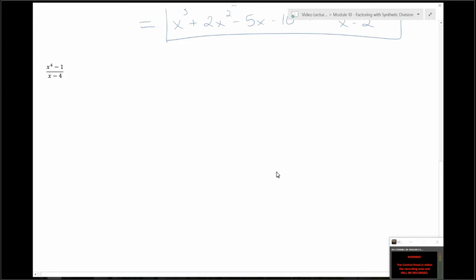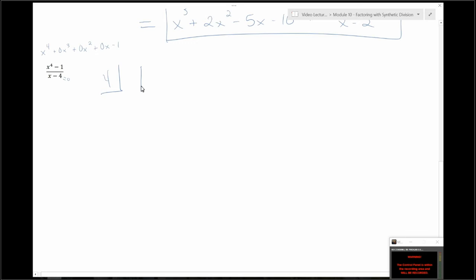x to the fourth minus 1 over x minus 4. So we again want to divide by 4, the number that makes the denominator 0. We have a lot of missing terms, so we may want to write it out. x to the fourth plus 0x cubed plus 0x squared plus 0x minus 1.